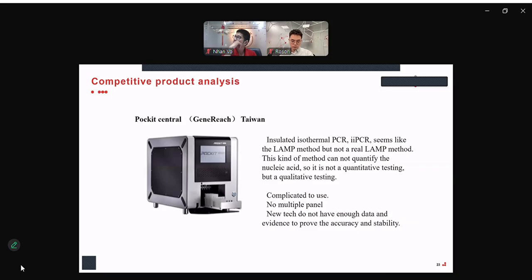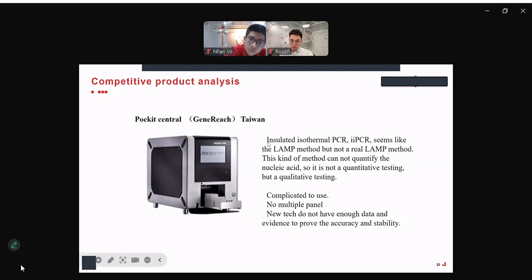And another kind of machine we can often meet in the market, and a lot of clinics have already launched this kind of machine in China, is called Hockey Central. The company is called GeneReach from Taiwan province, and this machine uses a different kind of amplification method, like I said before.